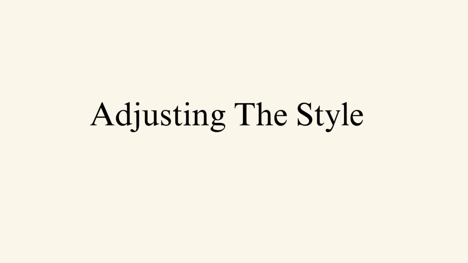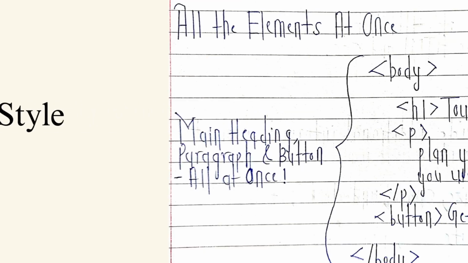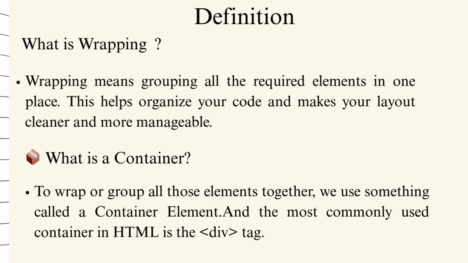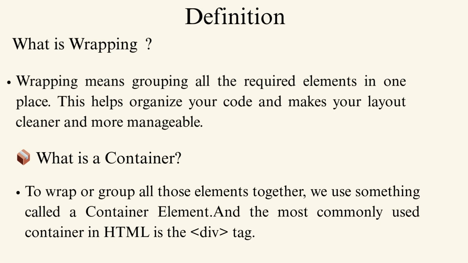Now we are going to look at how to add all the basic HTML elements at once, a main heading, a paragraph and a button inside the body tag. Before diving in, first we are going to learn a basic but super important concept in web development, which is wrapping and containers in HTML and CSS.